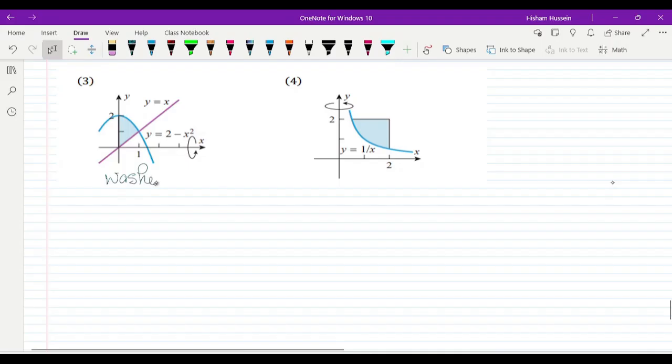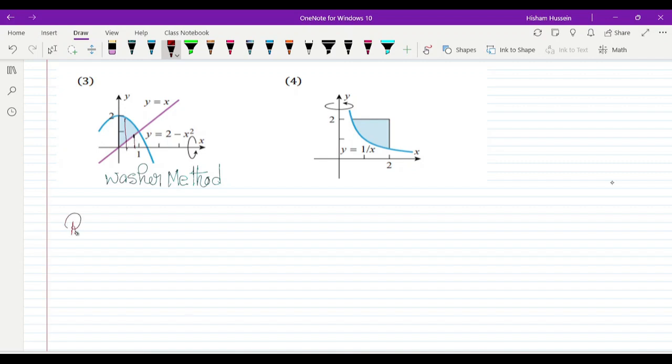To solve using the washer method, we need two radii, the outer one and the inner one.